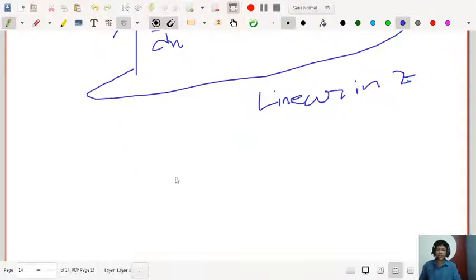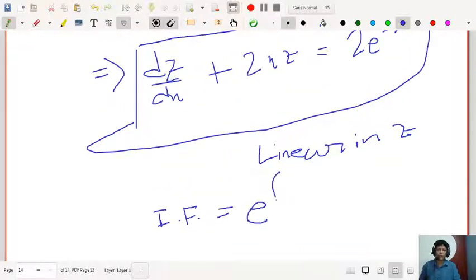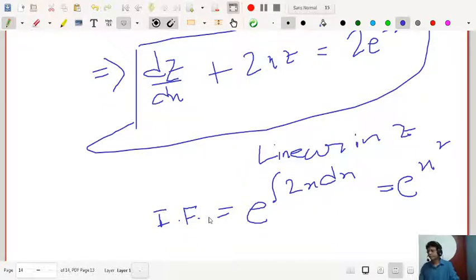Your integrating factor will be e to the power integral of 2x dx, so that is nothing but e to the power x square.